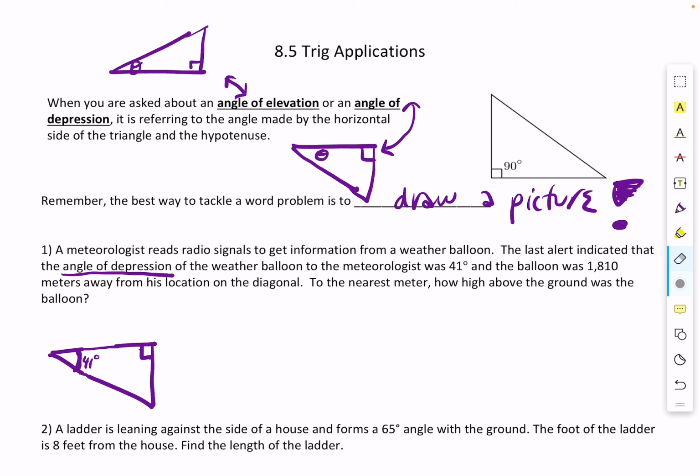And then the balloon was 1,810 meters away from his location on the diagonal. So where does that go? On the hypotenuse. Can someone else besides Oliver tell me why on the hypotenuse?